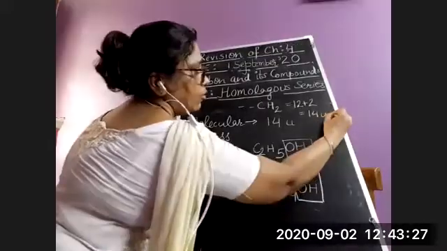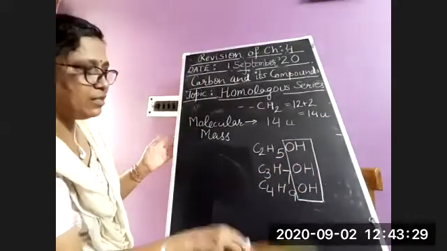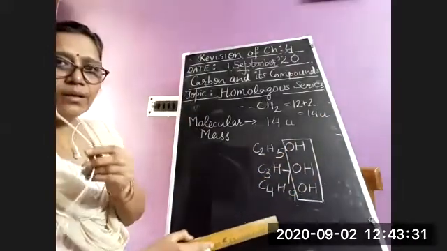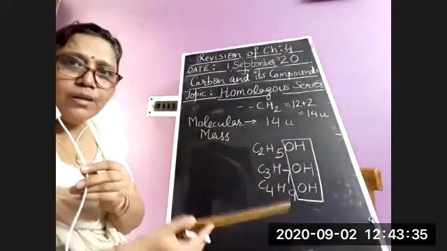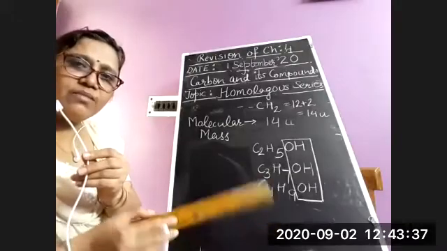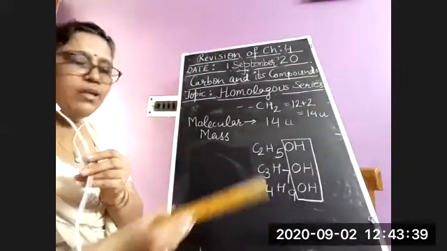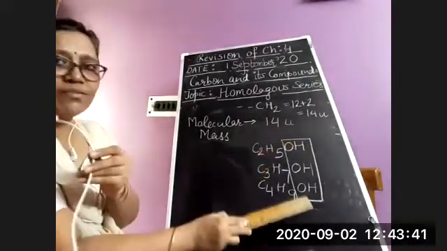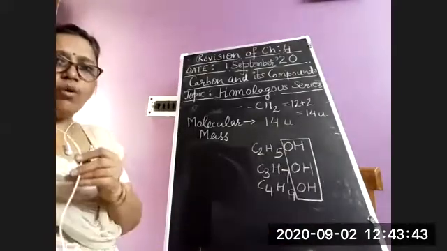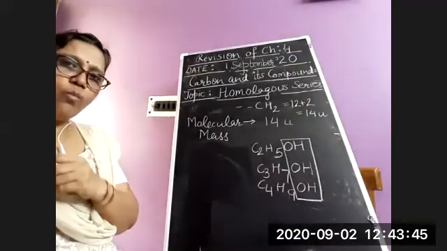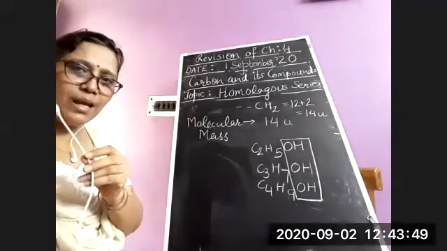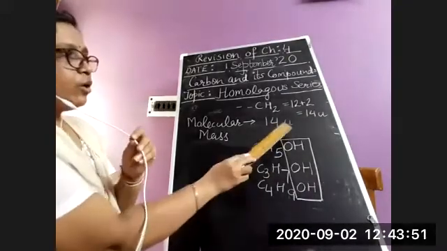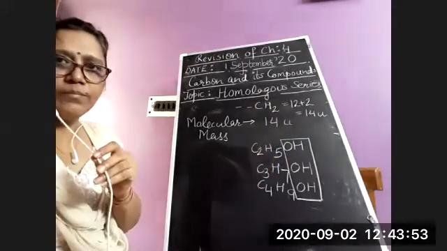So you can check in the series of compounds that if their difference in molecular formula is CH2, then the molecular mass difference will automatically be 14U if they have the same functional group. If the functional group of atoms attached with them is the same, then the difference in molecular mass will be the same. Is it clear?